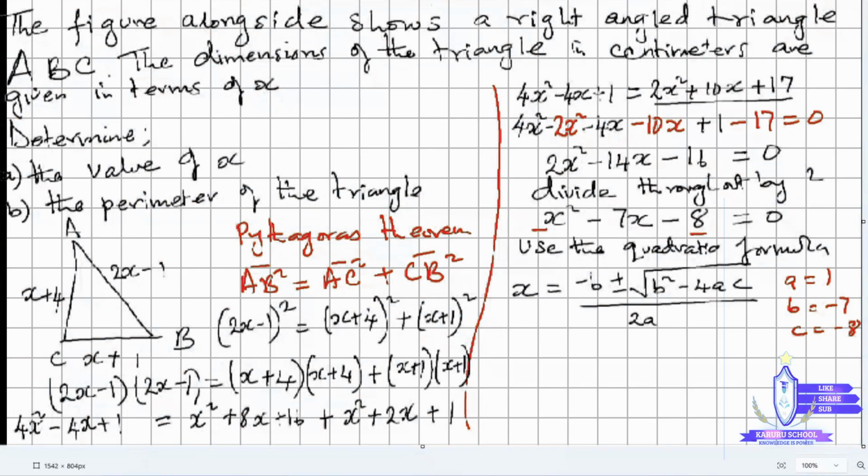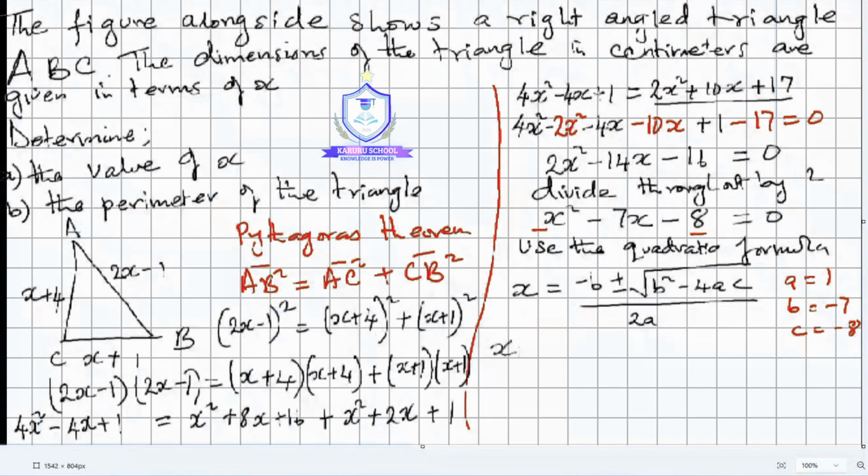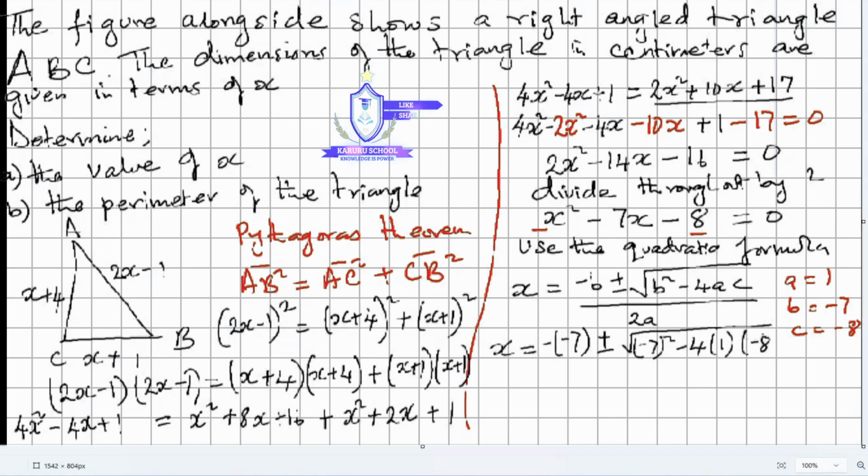So if you substitute in the values, you will get that x equals negative b, so we have minus minus 7 plus or minus square root of minus 7 squared minus 4 multiplied by 1 multiplied by negative 8, and then all these divided by 2 times 1.